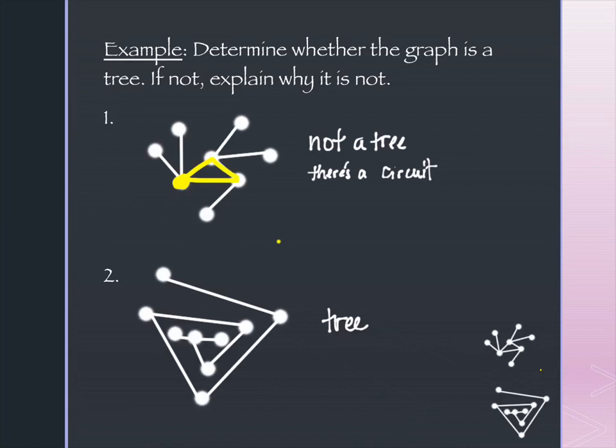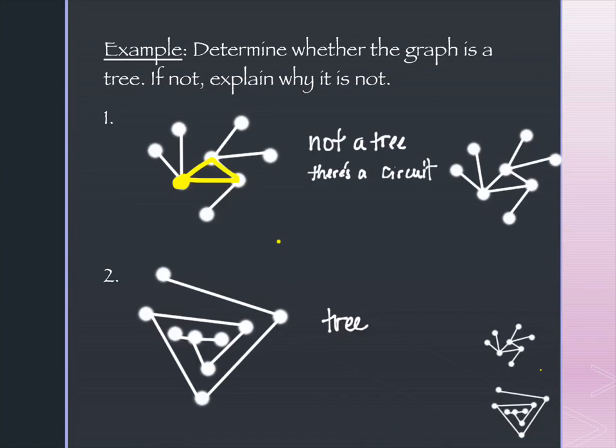But if we were to take this same, actually let me do it from this one down here without the yellow. If we were to take the same vertices, and we were to take away an edge, or maybe take away two edges, something like that, then we could create a spanning tree.